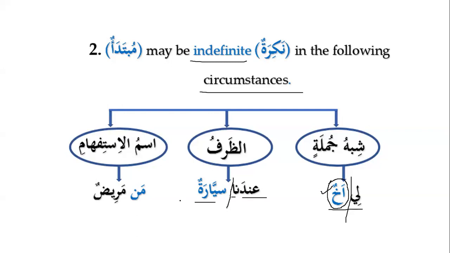So we say that mubtada muakhar, that mubtada has come late, and the predicate, which is khabar, has come first. So again, whether the khabar is shibhu jumla, which is basically jar majroor, or dharf plus mudaf alayh, it will always come in the beginning of the sentence, it will always be a khabar, and mubtada will be a common noun. As you can see over here, it will be a common noun.